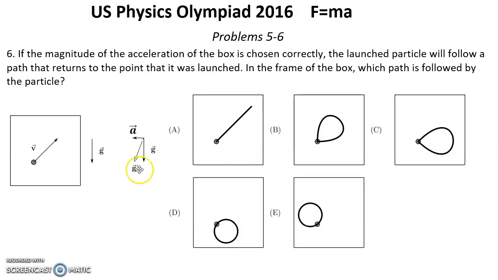If g prime is going directly anti-parallel to v initial, we have motion along a vertical line in the frame of reference of this box, and the correct answer is A, because the other paths are not parabolas and not straight lines. That was the solution for problem number 6.